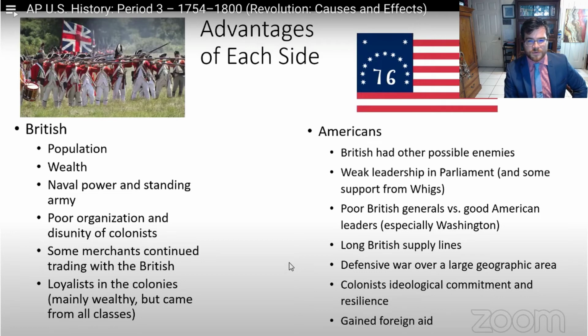British generals weren't that good, even though you would think they had more experience. Some of them were just generals because they were aristocrats, and they really don't know anything. And so, defensively, because we know the geography, we're going to do a lot better. And we're going to use hidden run tactics like guerrilla warfare that we learned from the Native Americans.